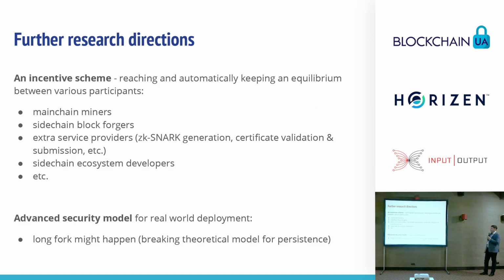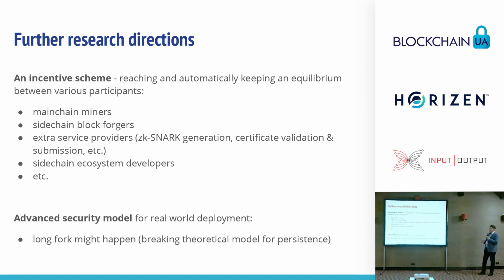And what further research directions do we have right now? First of all, it's the incentive scheme. It should be balanced. We should have an equilibrium. Moreover, this equilibrium should be stable, and the system must automatically return to this equilibrium if it's shifted in some case. And we have many participants. Of course, there are sidechain users who transfer coins to the sidechain and exchange coins in this sidechain and pay fees for that.